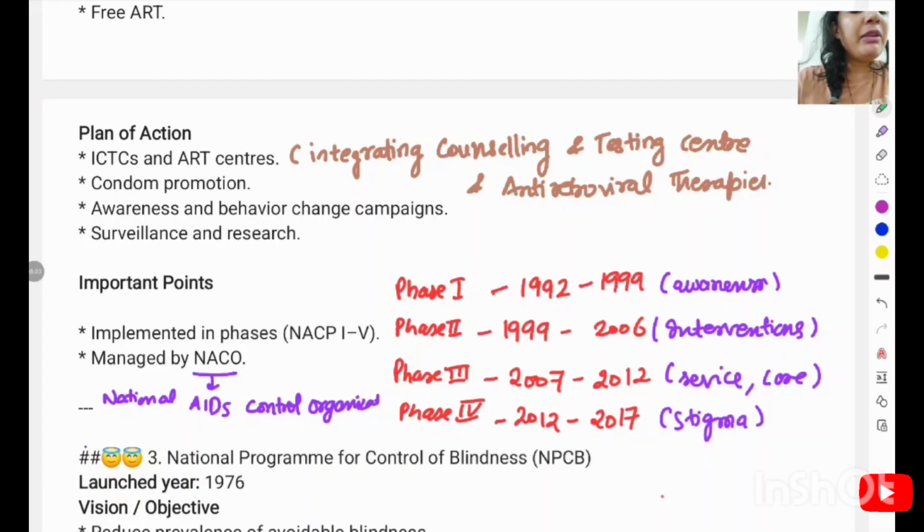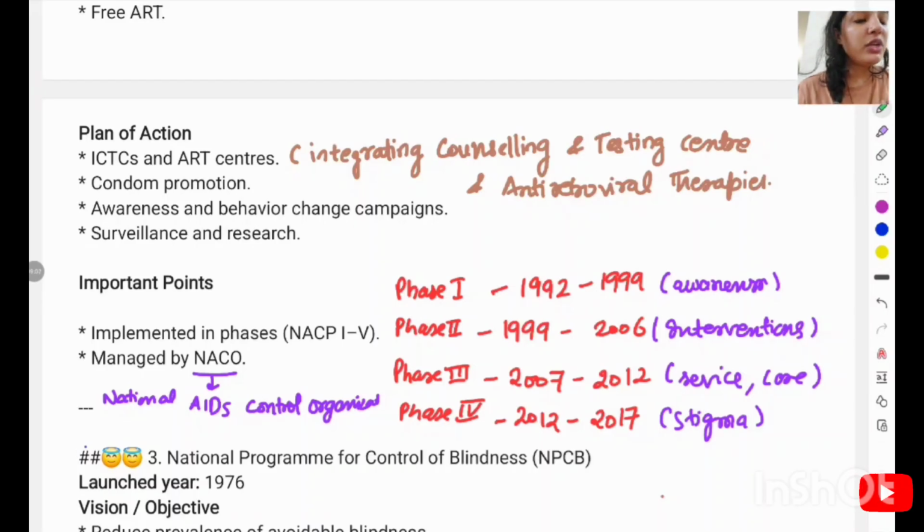It is implemented in phases, NACP phase 1 to phase 4, and here I have written all those phases. For example, phase 1 ran from 1992 to 1999, mainly awareness was given, and our main target was to slow the transmission rate. The second phase, 1999 to 2006, had several behavioral interventions.